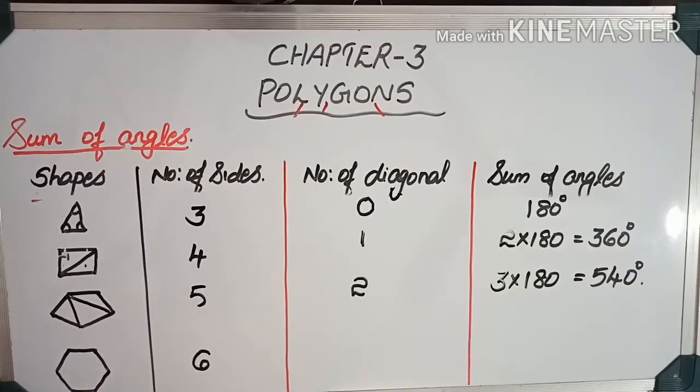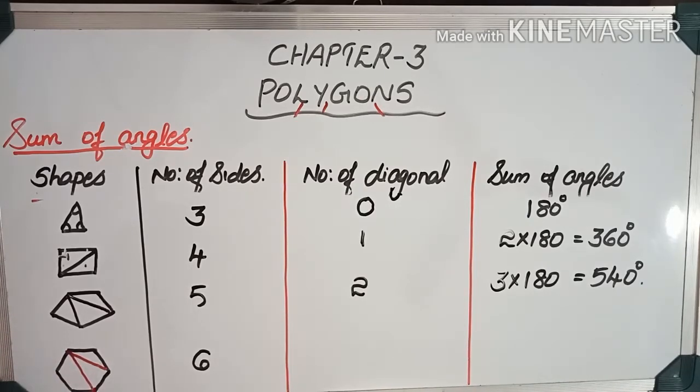Next, let's consider the 6-sided figure, that is a hexagon. Here the number of sides is 6, and how many diagonals? Let's draw the diagonals. Start from any point you can choose. From here, one vertex is already next to this one. The first diagonal goes to the next vertex, just join to that.